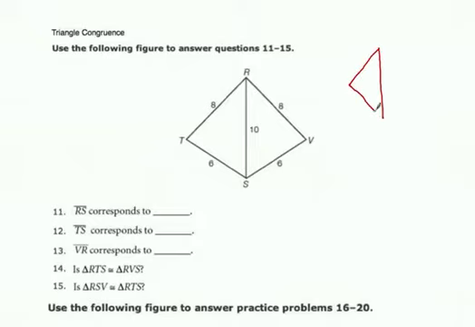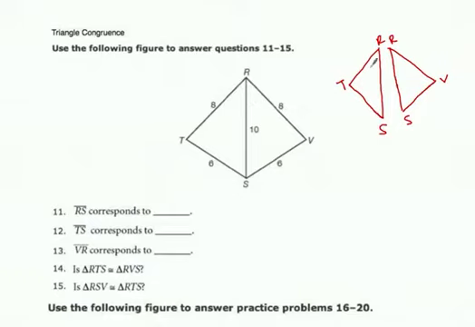If we separate it out, we would have the left side with the top being R, the side being T, and the bottom being S. And then I would have another triangle with the top being R, the side being V, and the bottom being S. That way I can tell that this picture is two separate triangles.